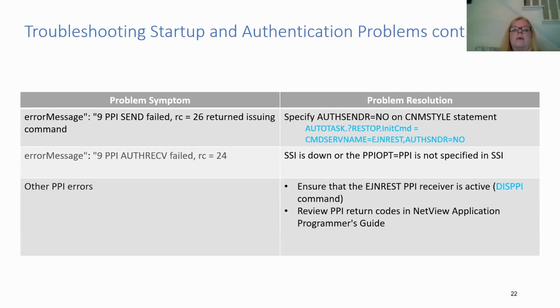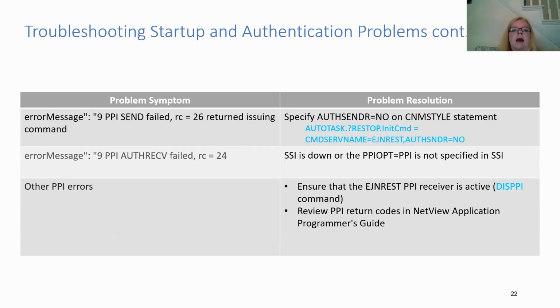Okay, so now we're getting more towards the PPI side of things with some troubleshooting scenarios. You can get this first one here, which is a return code 26 when you're issuing a command. And this could be because you don't have AUTH SENDER=NO. It most likely means you have YES here for some reason or another.